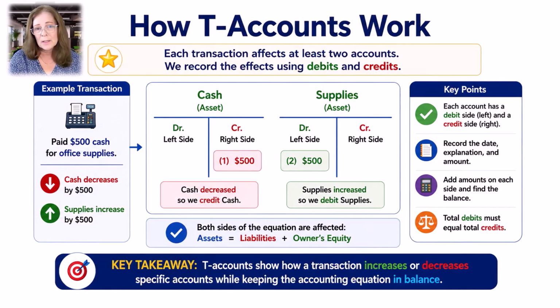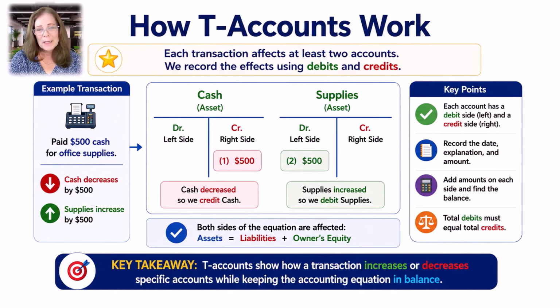That means the supplies account increased by $500. At the same time, the business has less cash because it spent $500. That means the cash account decreased by $500. This is exactly why accounting uses at least two accounts for every transaction. Something came in and something went out.